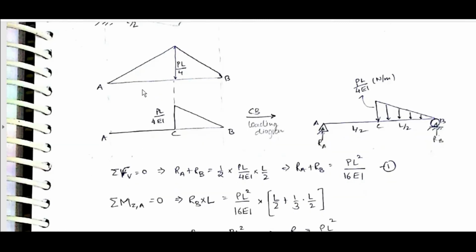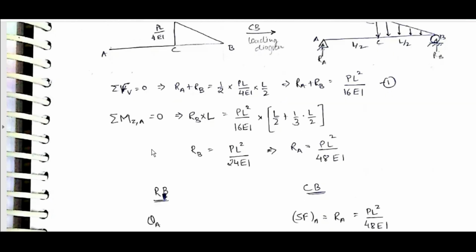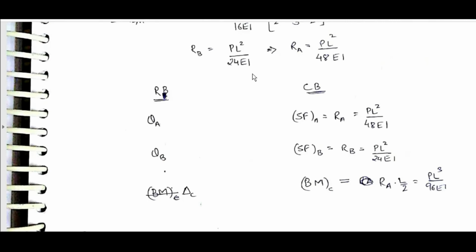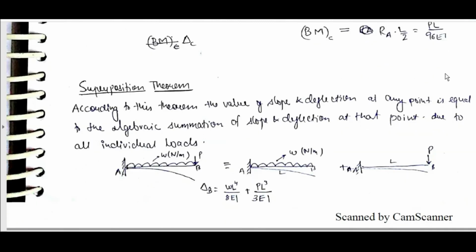Sigma F: R_A plus R_B is equal to half into PL by 4EI into L by 2. R_A plus R_B is equal to PL square by 16EI. Sigma M about A is equal to 0. R_B into L is equal to PL square by 16EI into (L by 2 plus 1 by 3 into L by 2). R_B is equal to PL square by 24EI. R_A is equal to PL square by 48EI. Theta A is SFA is equal to R_A is equal to PL square by 48EI. Theta B is SFB is equal to R_B is equal to PL square by 24EI. Delta C is BM_C is equal to R_A into L by 2 is equal to PL cube by 96EI.